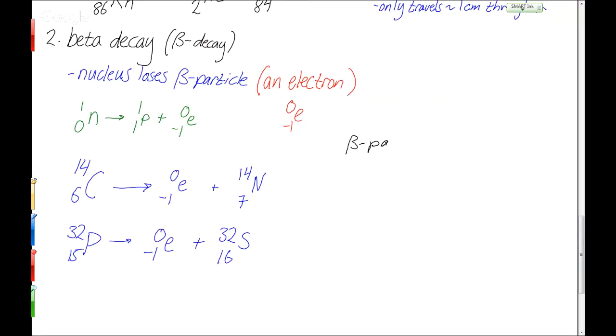And keeping our table from before, beta particles are much, much, much smaller than the alpha particles, because instead of having 2 protons and 2 neutrons, you just have 1 electron. So tiny, tiny particle. Much more penetrating then.